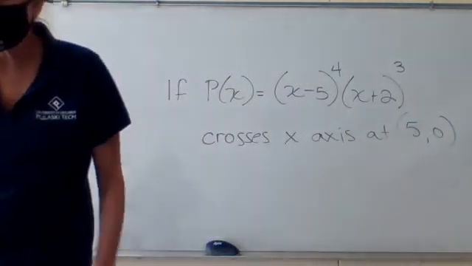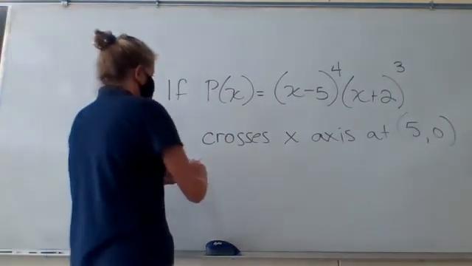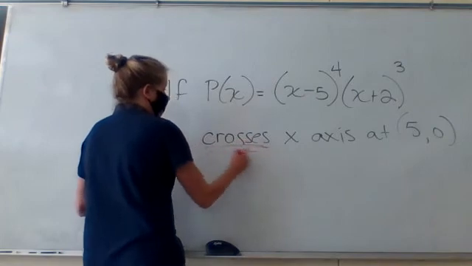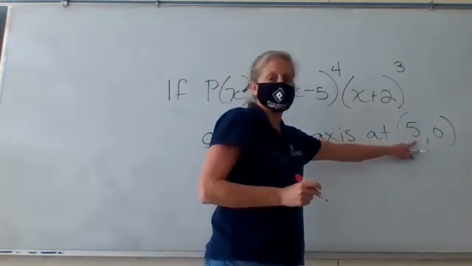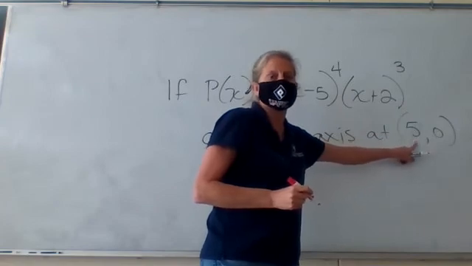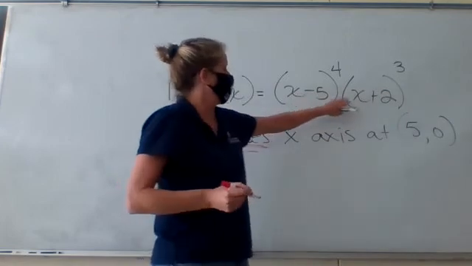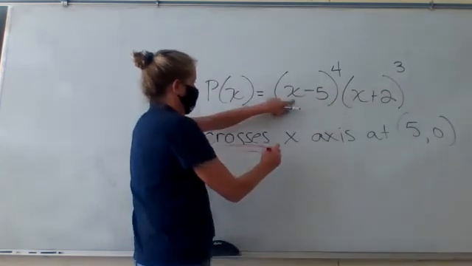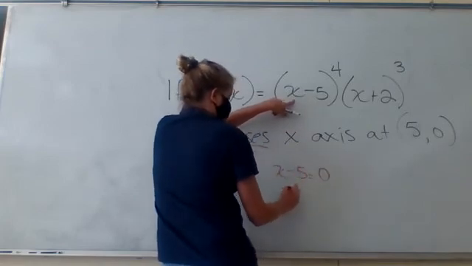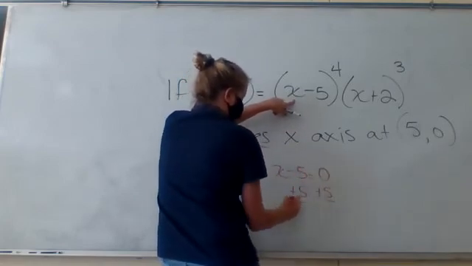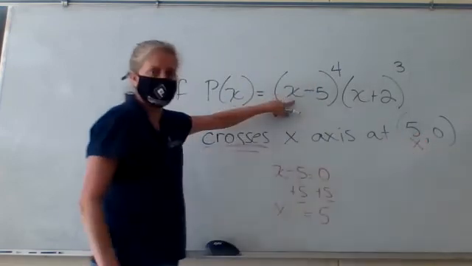This is a true-false kind of statement. So let's see, right here is the key word. It says it crosses the x-axis at (5, 0). So the x-intercept it's saying is 5. Which one of these factors did that come from? Did it come from this factor, right? If this is the factor, I'd have to add the 5 to both sides, right? To get x equals 5, which is what this says right here.